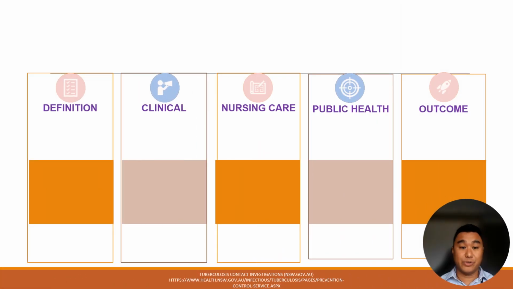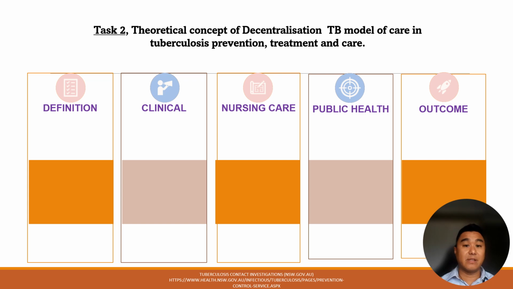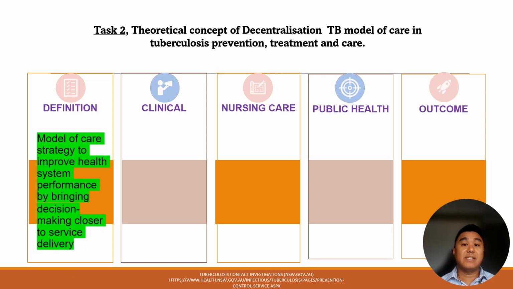Moving on to task two, which is the theoretical concept of the decentralization TB model of care in tuberculosis prevention, treatment, and care. We're going to define decentralization, the clinical aspects that we have here in Wagga Wagga, the nursing care we provide, the public health, and the outcome. So for the definition, the decentralization model of care strategy is to improve health system performance by bringing decision-making closer to service delivery.